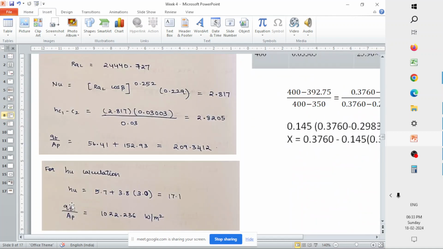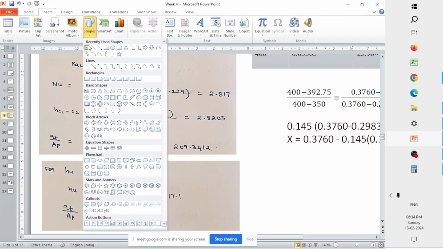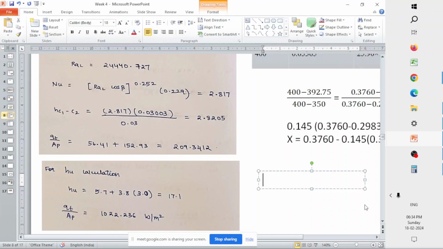Now comes your last system, that is between your cover 2 and your atmosphere. That is usually given by the expression HU is equal to 5.7 plus 3.8 times V, where V is your wind speed.